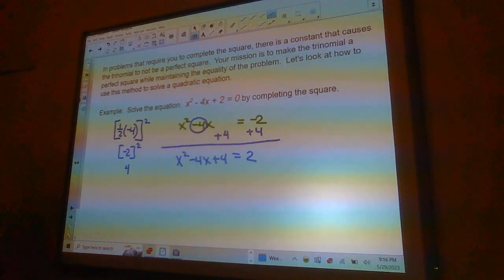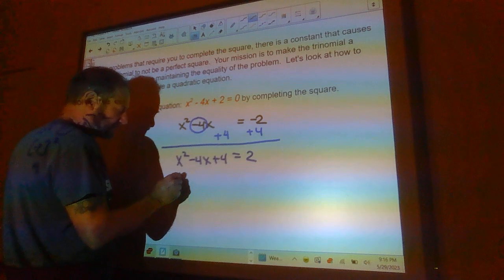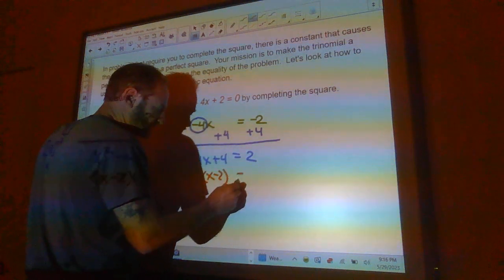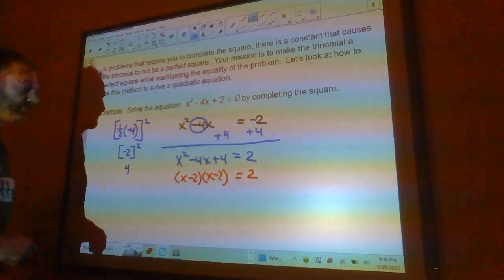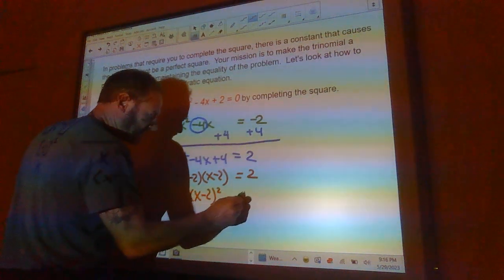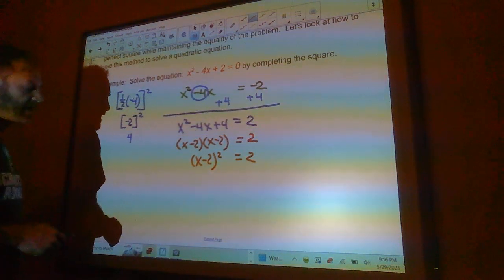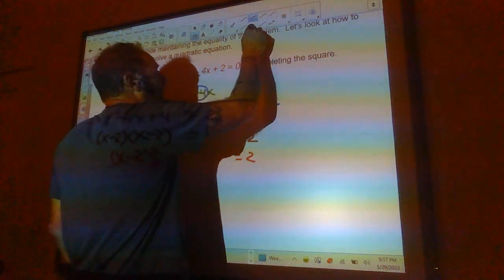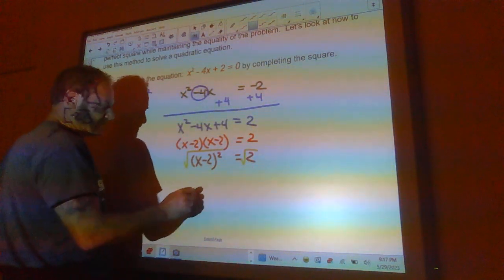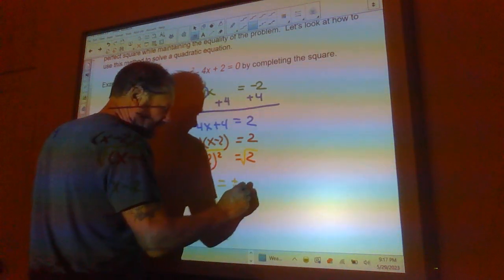I've completed the square. Now I can solve this because I can write this as x minus 2 times x minus 2, and that equals 2. And this can be written as x minus 2 squared, which equals 2. And then I can solve this by taking the square root of both sides, and so I'm going to get x minus 2 equals plus or minus the square root of 2.